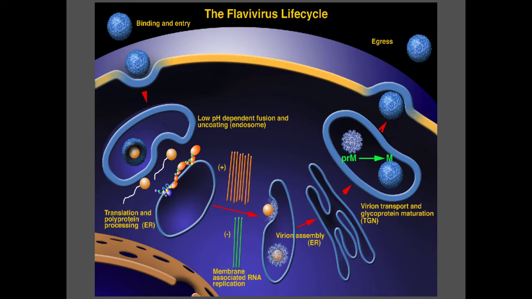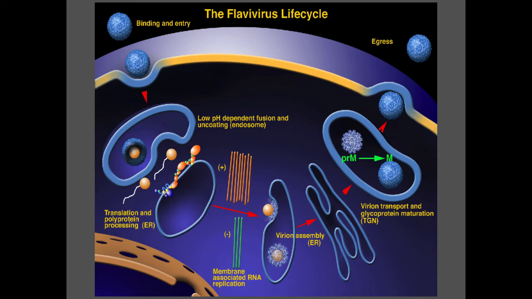Okay. So as I said, that's a positive-stranded RNA virus, so that is translated into a single protein, which is then cleaved up into functional subunits by viral and host proteases, and again, we'll go into that in a little more detail.